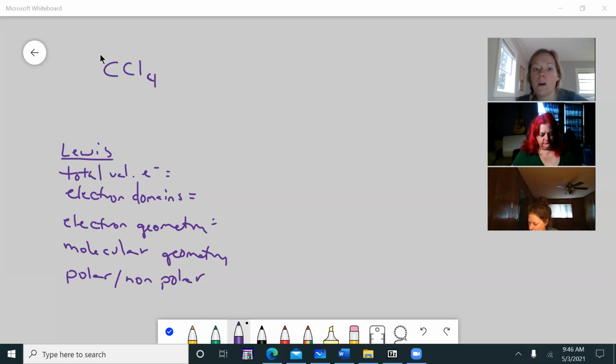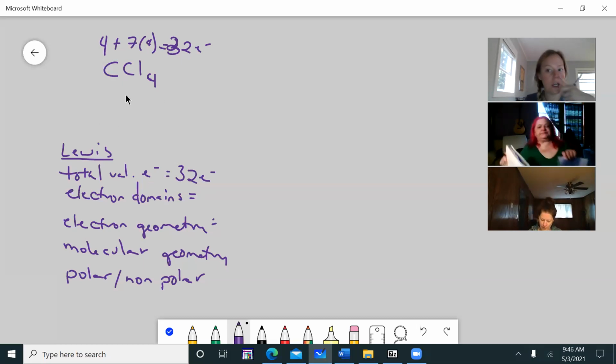Carbon is in column 4 of your main groups, so it provides 4 valence electrons to the system. Chlorine is in column 7, so it provides 7 valence electrons, but there are in fact 4 of them. So we add those up and we end up with a total of 32 electrons.